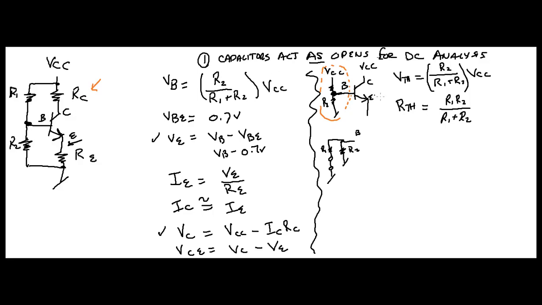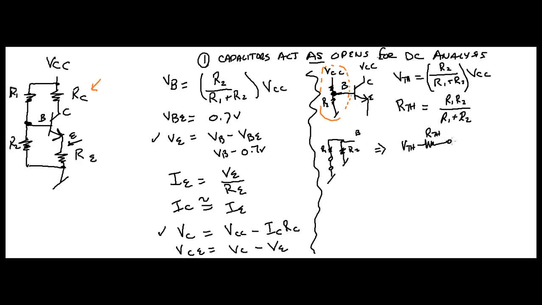But this is an important concept, because what that leads to, if we're going to just redraw the whole thing, you're going to have a source, which is, let's just call it V Thevenin right here. You're going to go through a resistor, and that's going to be R Thevenin, right?